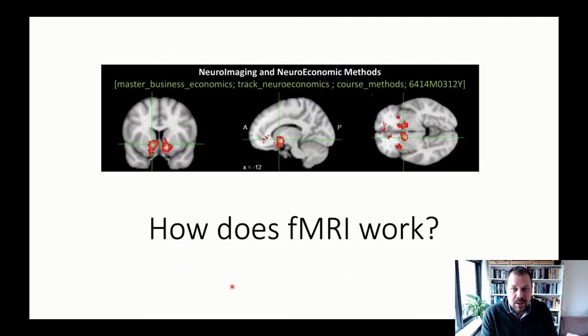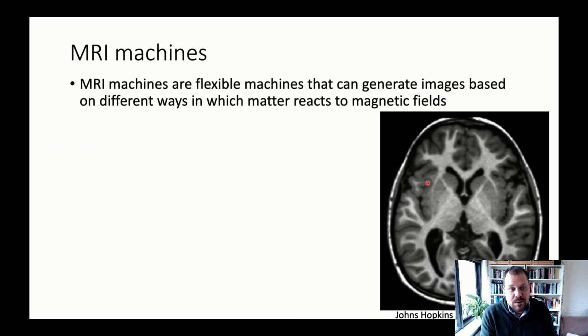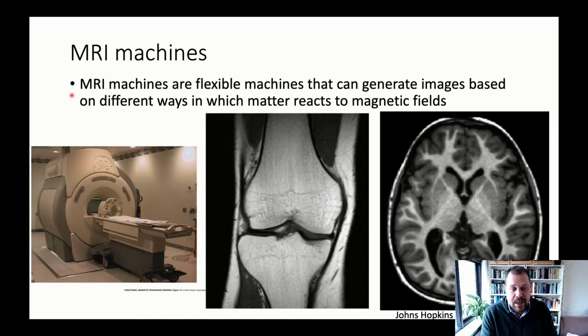So how does fMRI work? Well, let's first talk about how MRI works. So how do we make structural images of the brain or any type of tissue in the scanner? And that's one of the cool things about scanners. They're actually highly flexible machines, and they allow us not to just make images of brains, but also any other body part in action.